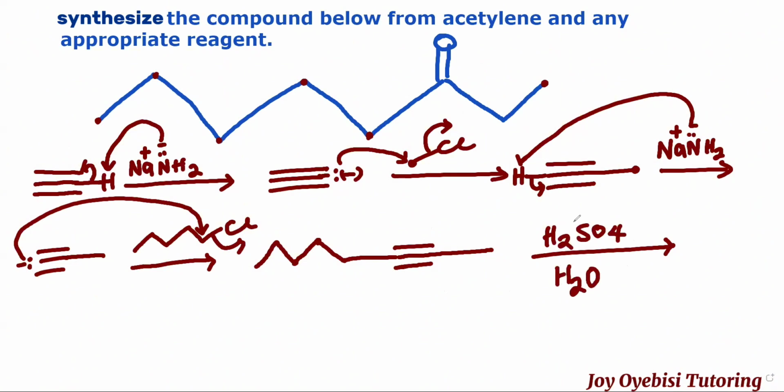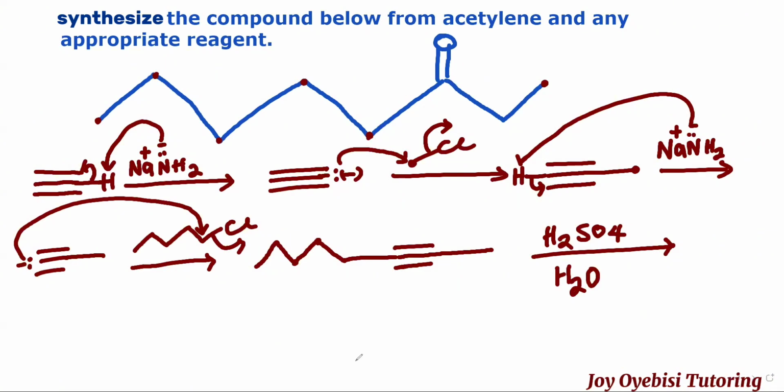What this reagent does is to add OH on the more substituted side of the alkyne. This reagent follows Markovnikov's rule. Now, I want to make a comment. If you had chosen these two sides to be your starting acetylene, then you would be doing hydroboration instead.